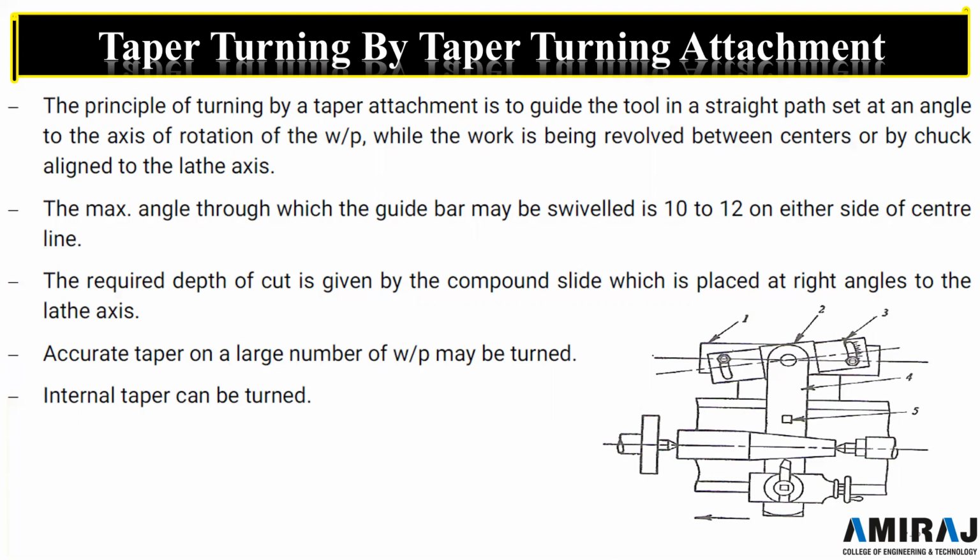Also, internal tapers can be turned. So this is about taper turning by taper turning attachment, in which we can get the required depth of cut at a particular angle by a compound slide which is placed at a right angle to the lathe axis, and the angle of that is set to the angle which we require.